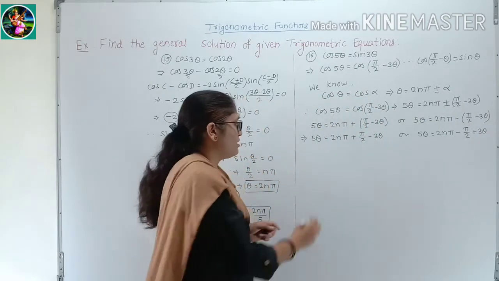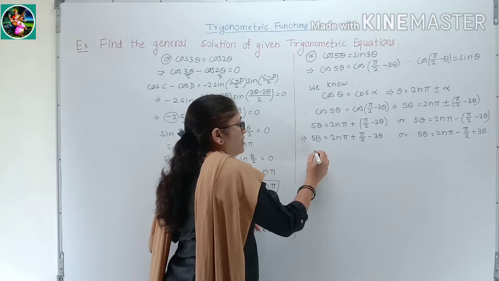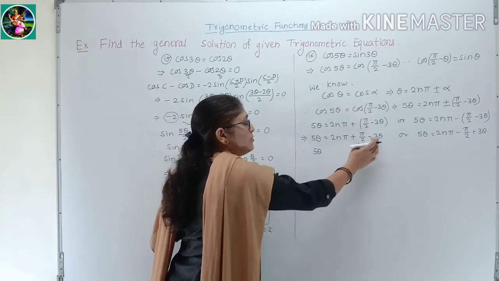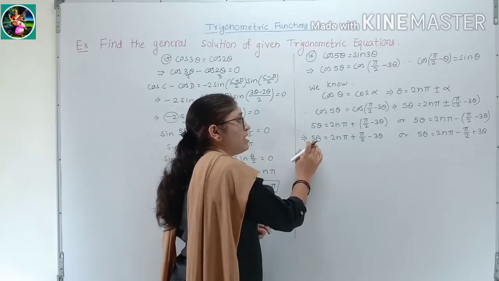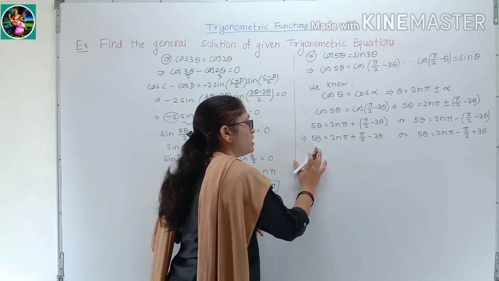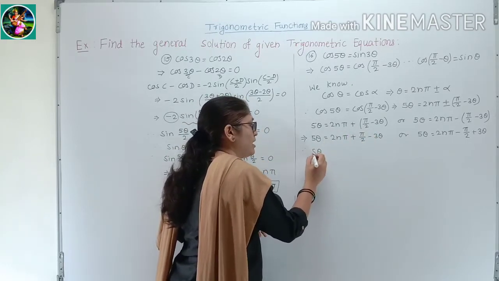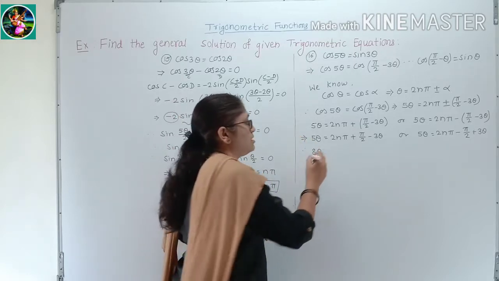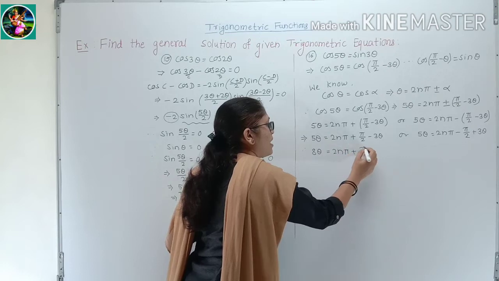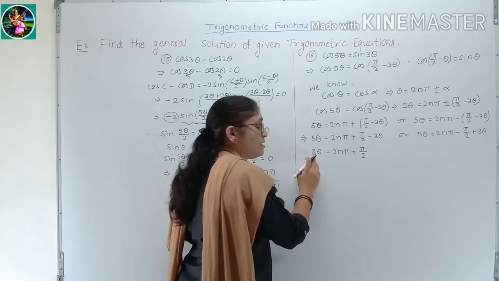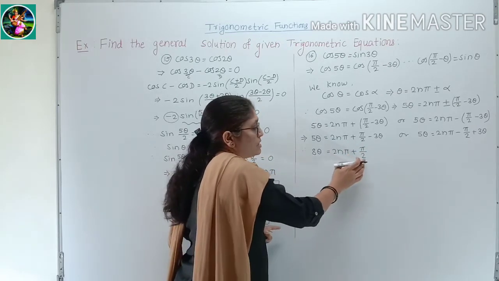Okay. Therefore, if we bring this minus 3 theta to the left hand side, 5 theta plus 3 theta, here we get 8 theta is equal to 2n pi plus pi by 2. Now we divide by 8 on both sides.